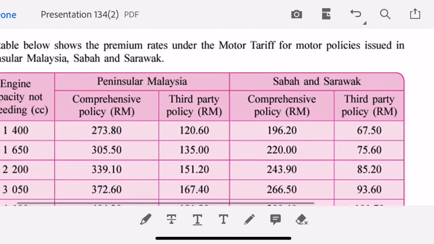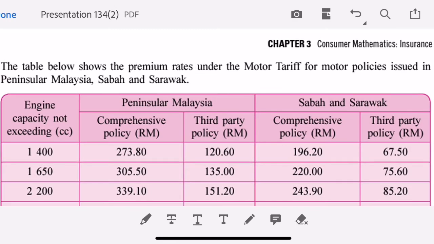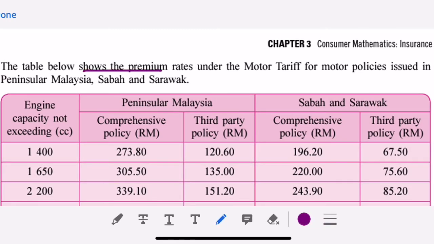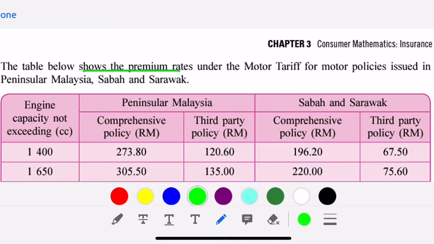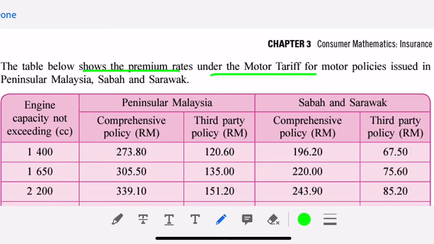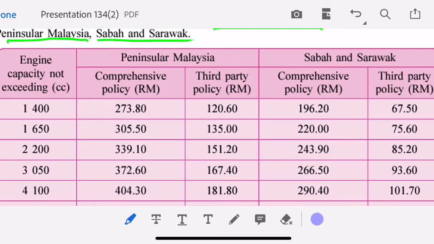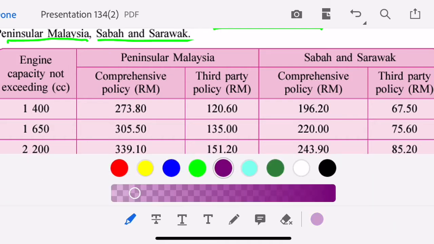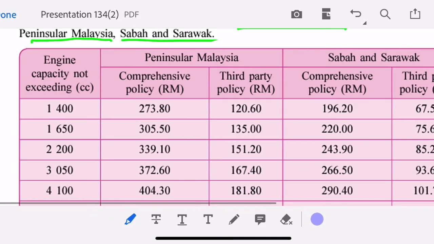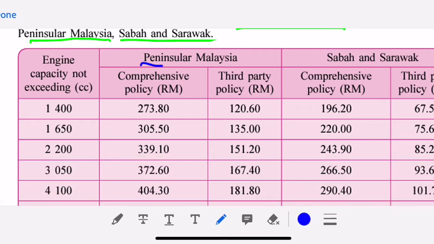You see the table shows the premium rate under the motor tariff for motor policies issued in Peninsular Malaysia, Sabah and Sarawak. Let's study this table. It seems like for Peninsular Malaysia, we study the rate first, the rate for Peninsular Malaysia.